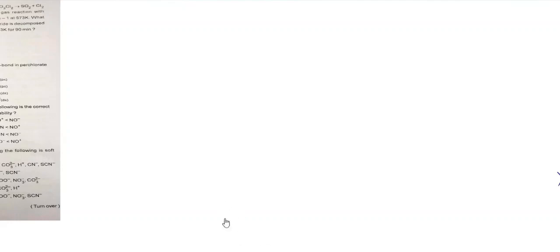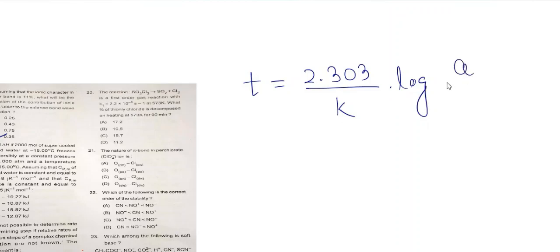The question is: the reaction SO2Cl2 gives SO2 plus Cl2 is a first order reaction, and for a first order reaction we know the formula: t is equal to 2.303 divided by k into log a by a minus x.